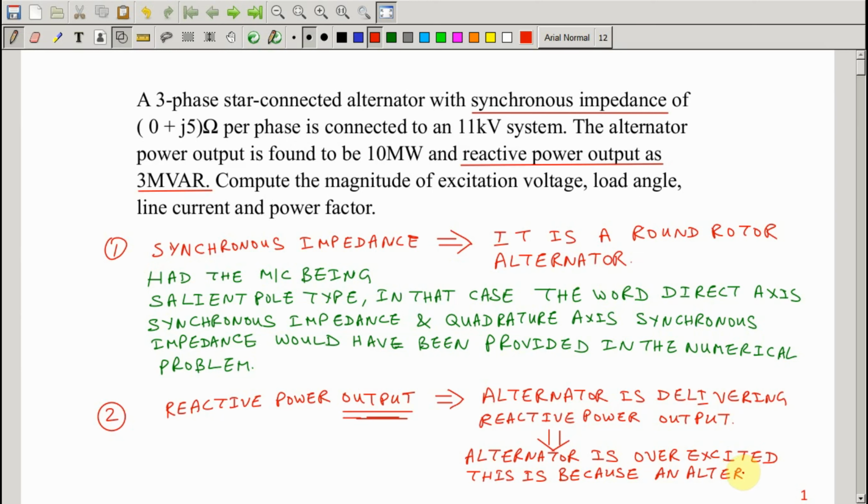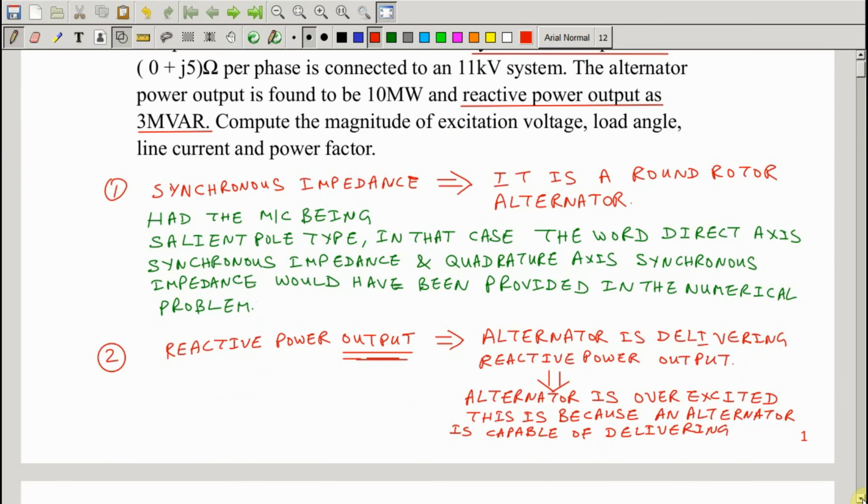This is because an alternator is capable of delivering reactive power when it is overexcited.